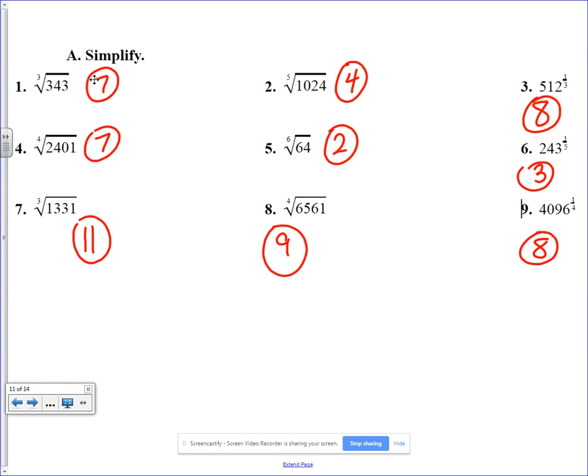Good? Is that good? Okay, let's move down to part C, folks.